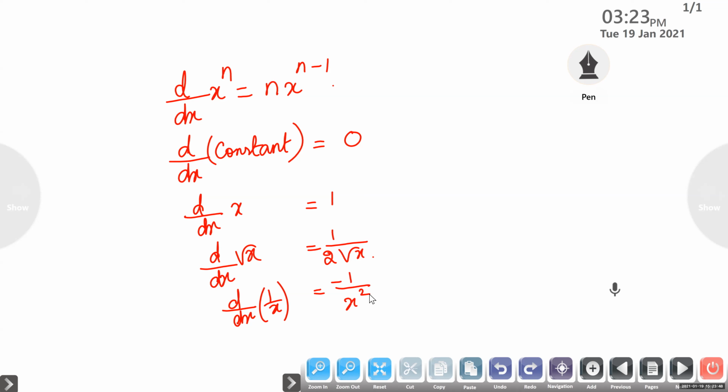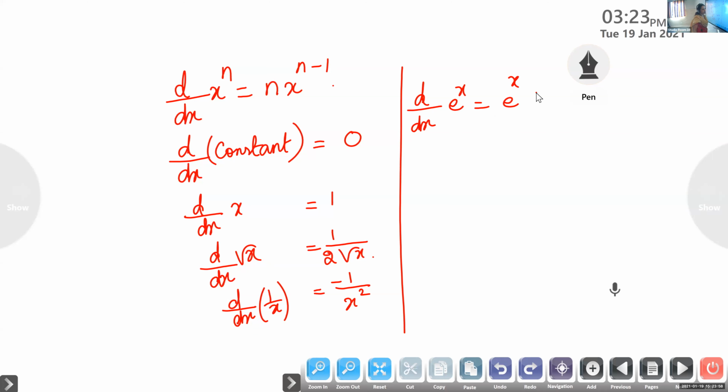Then the derivative of e raised to x is e raised to x. What is the derivative of log x? It is 1 by x. The derivative of log x is 1 by x.